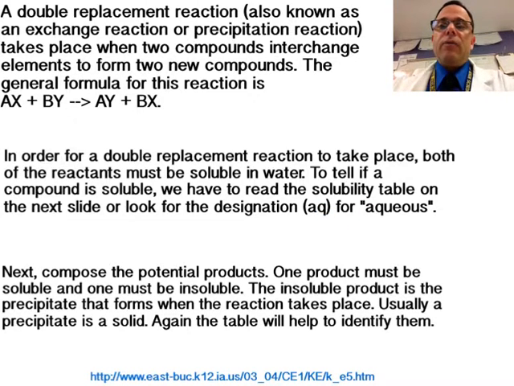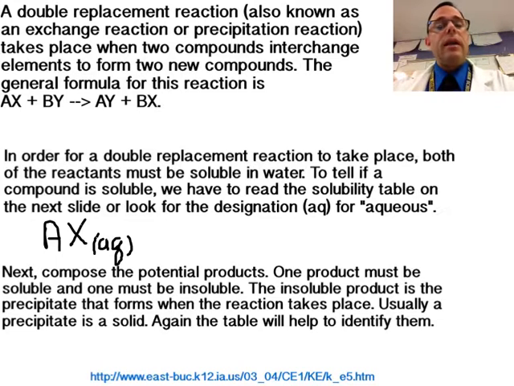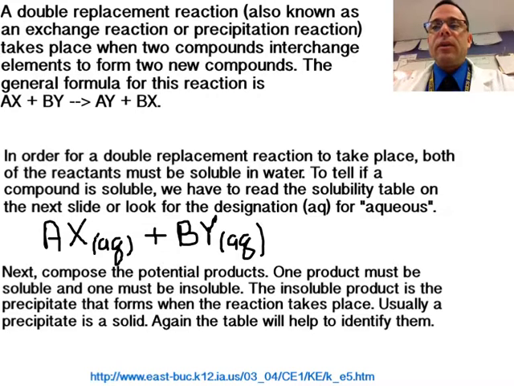So, if we were to again put down AX, we might see a little AQ written here to suggest that it has been dissolved in water, and the BY would also carry that designation. All right, so on the reactant side, the substances must be soluble in water.